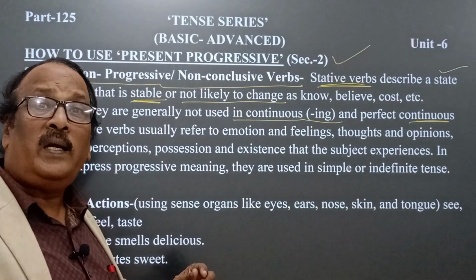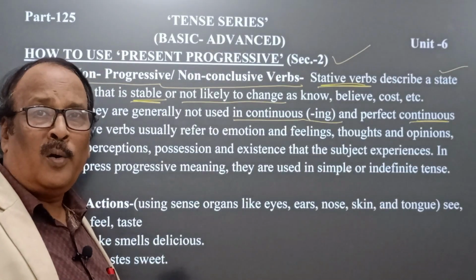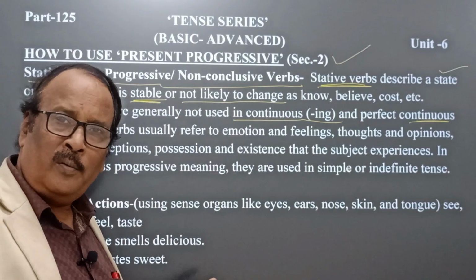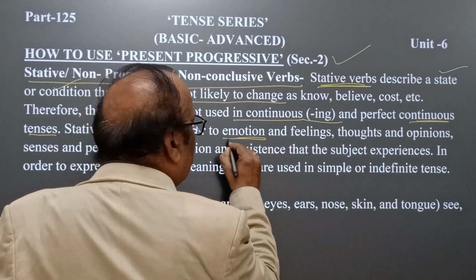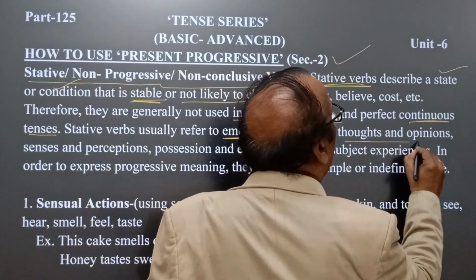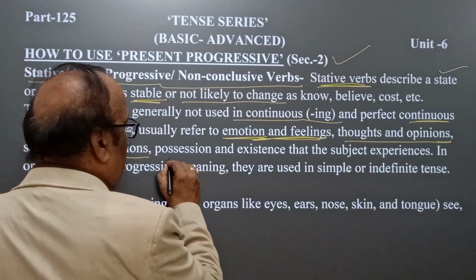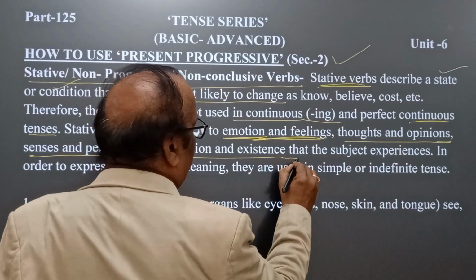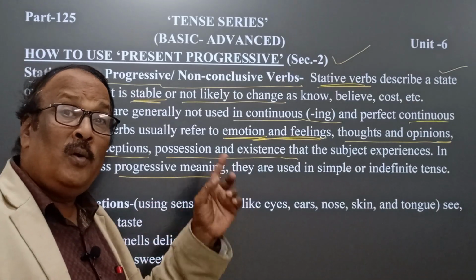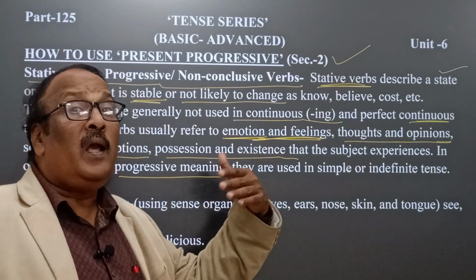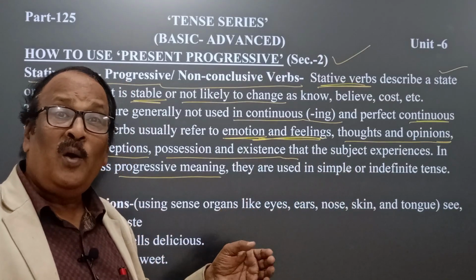It means the stative verbs are not used in the progressive or continuous aspects of any tense. Stative verbs usually refer to emotions and feelings, thoughts and opinions, senses and perceptions, possession and existence that the subject experiences. Whenever we want to use these verbs in expressing progressive meaning, definitely we take the help of the indefinite or simple aspect.